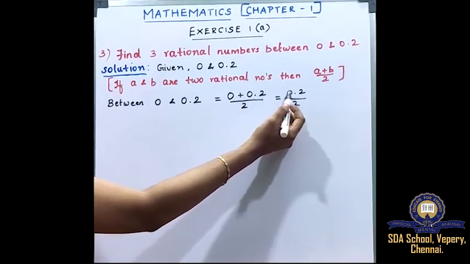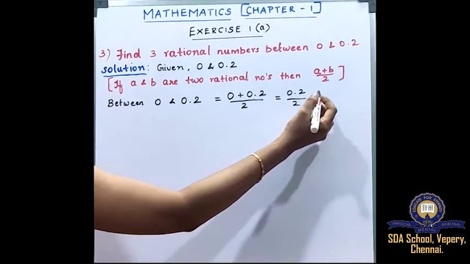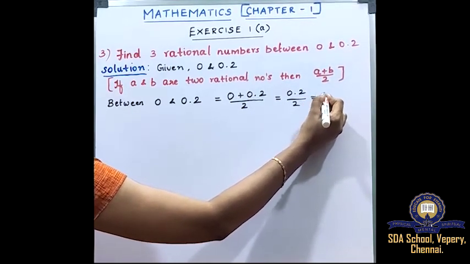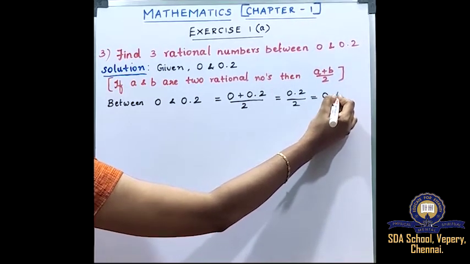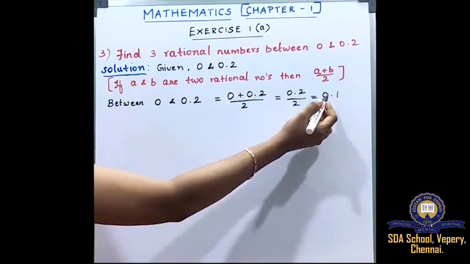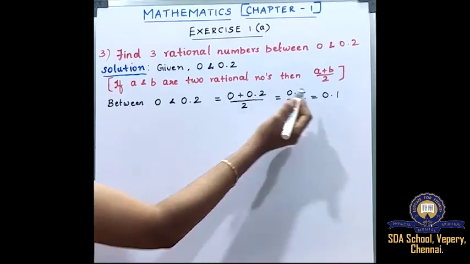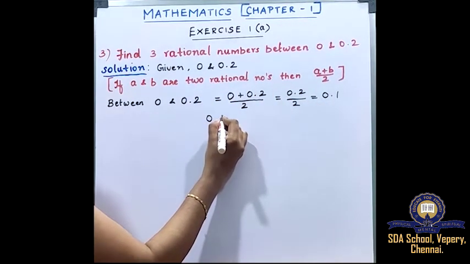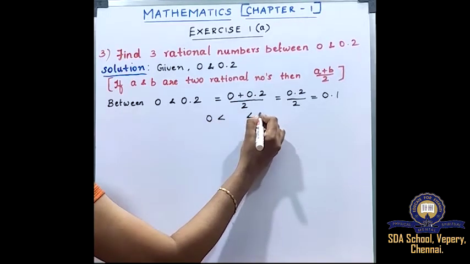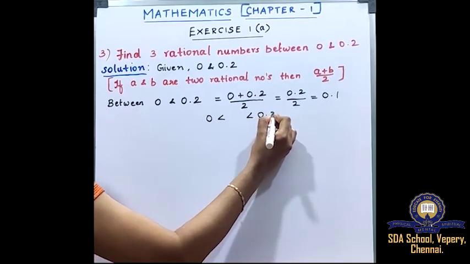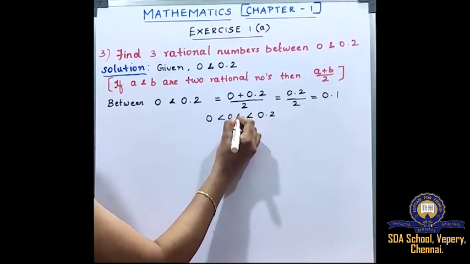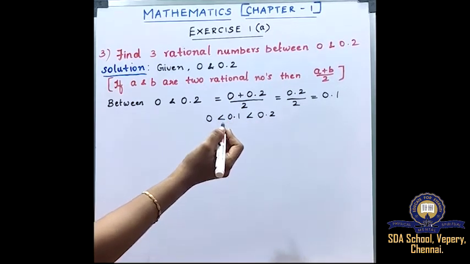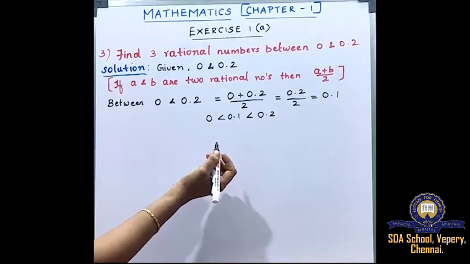So now if you cancel this, what will you get? 0.1, right? So now we have found 0.1 which lies between 0 and 0.2, right? So between 0 and 0.2, 0.1 lies.